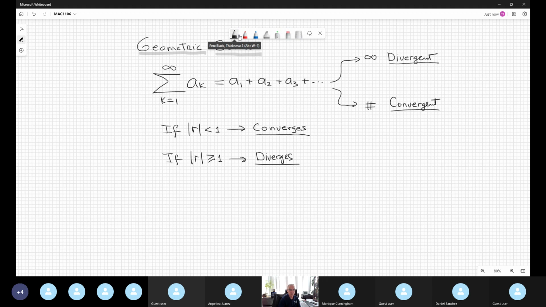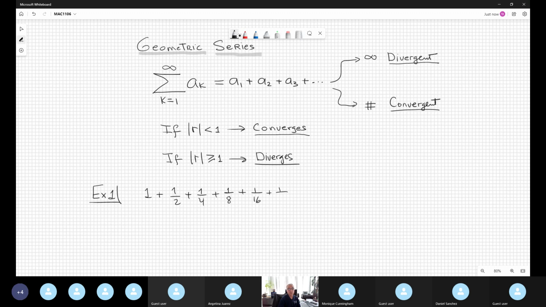Suppose, like example 1 of the series, you are adding 1 plus 1/2 plus 1/4 plus 1/8. You see how the elements get smaller, and so on. The next would be 1/16, 1/32, 1/64.